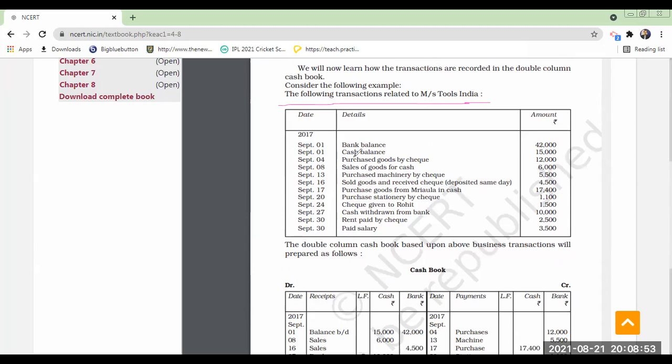Are you able to see this? For me, screen off. Okay. Are you able to see? Yes, sir. Just a minute.